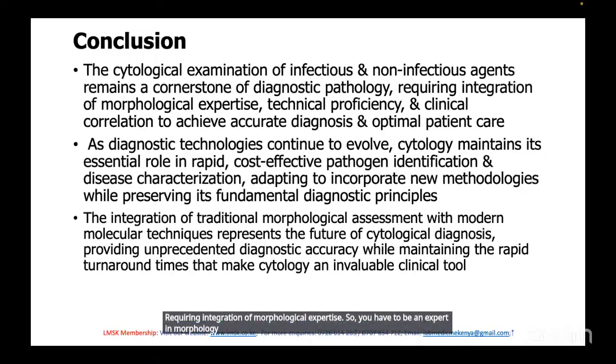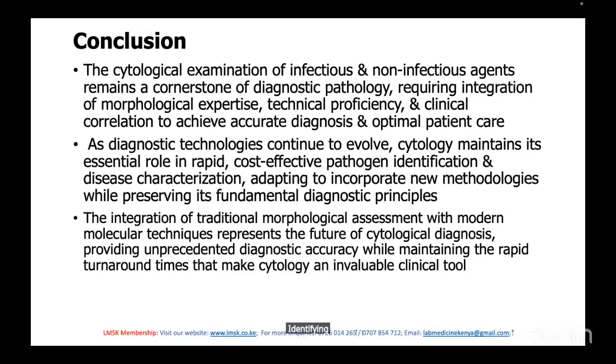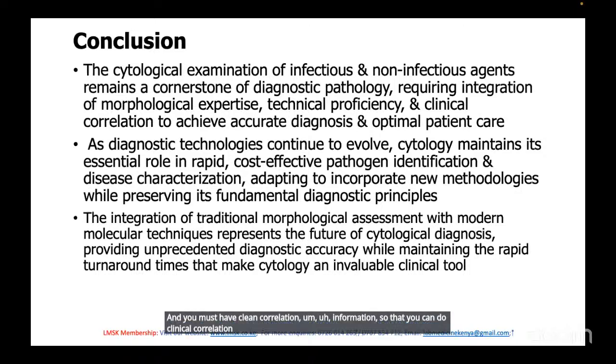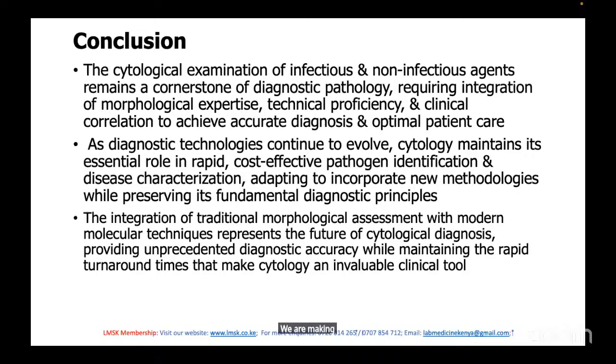At least you have to have those skills of identifying those key features that we talked about to make a diagnosis, and you must be technically proficient to be able to give a diagnosis, and you must have clinical correlation information so that you can do clinical correlation to achieve accurate diagnosis and optimal patient care. So all the three combined will assure us that we are making a good diagnosis.